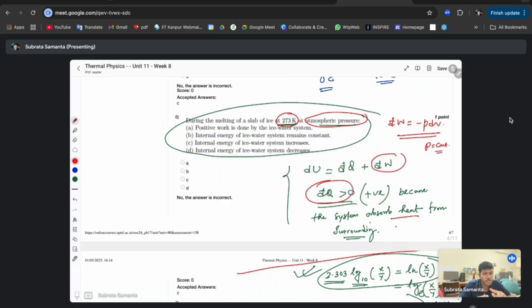So is dV positive or negative during the melting of ice? Is the change in volume positive or negative? Does the volume increase or decrease?